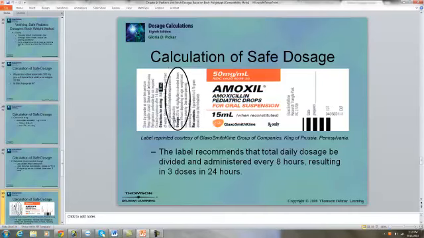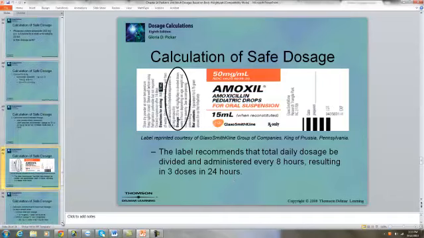So we get that information from the fine print on the bottle label, sometimes difficult to read. So the label recommends that total daily dosage be divided and administered every 8 hours, resulting in 3 doses in 24 hours.